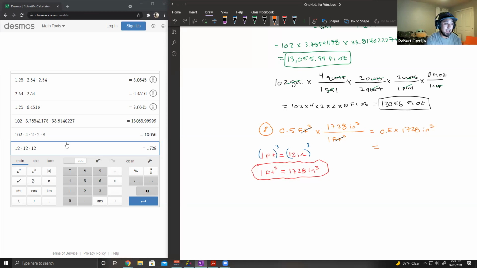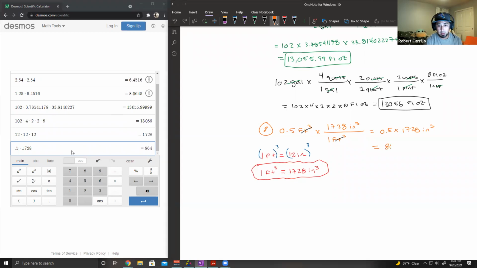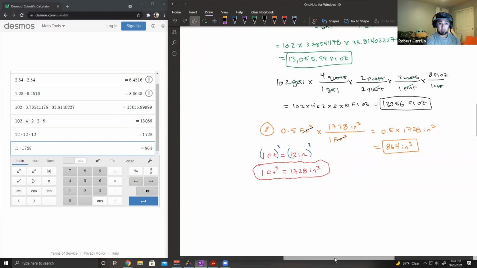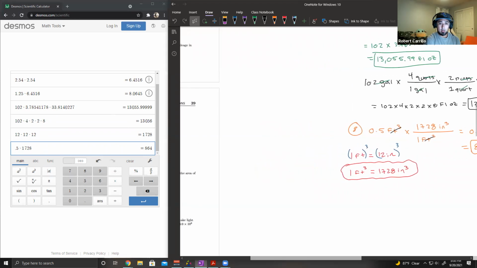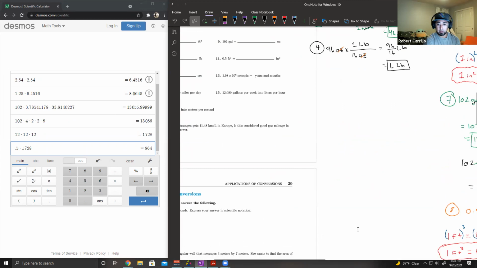So just half of 1728. 0.5 times 1728, and we get 864 cubic inches. Yeehaw. And that was number 8. So we were going down the list. We can do a couple more.